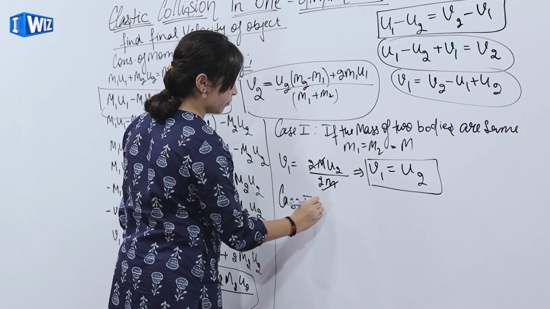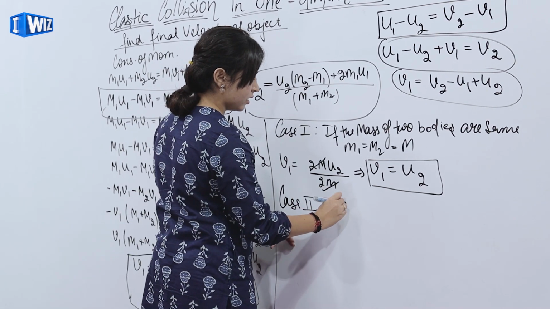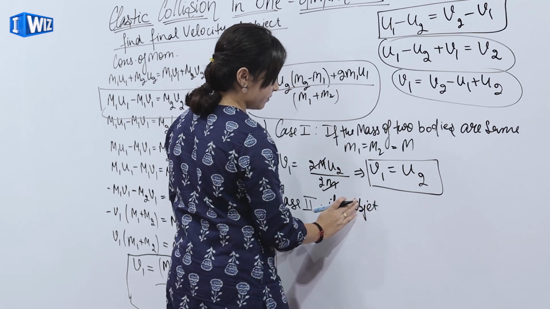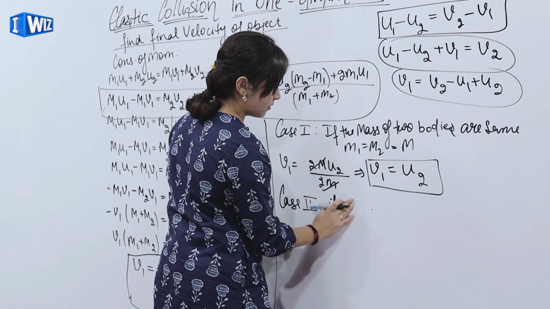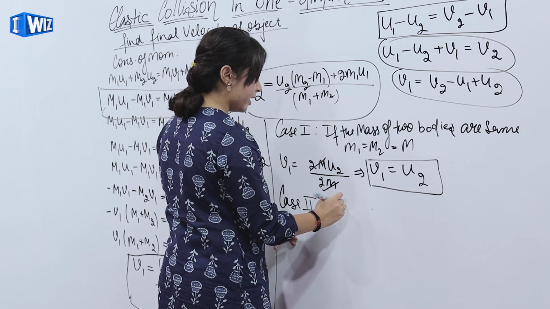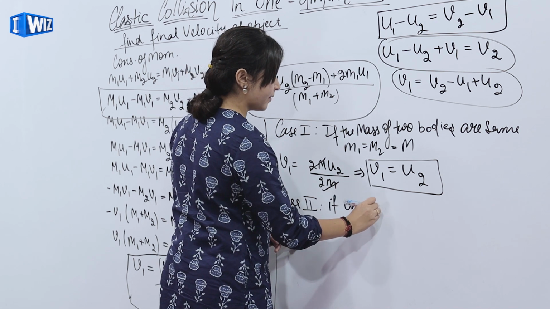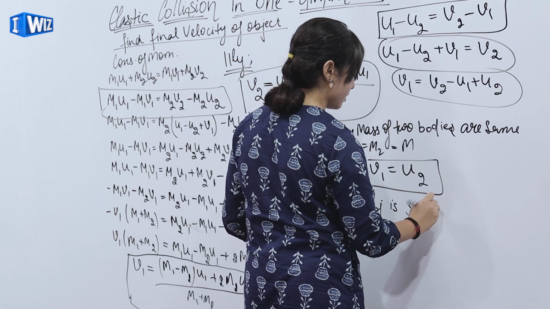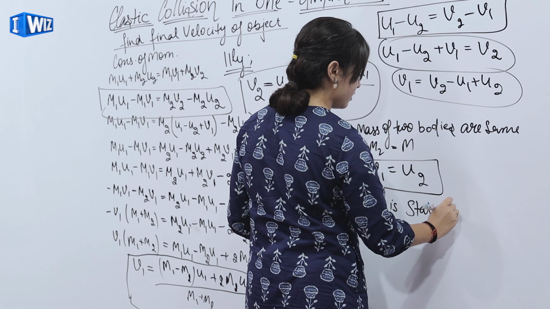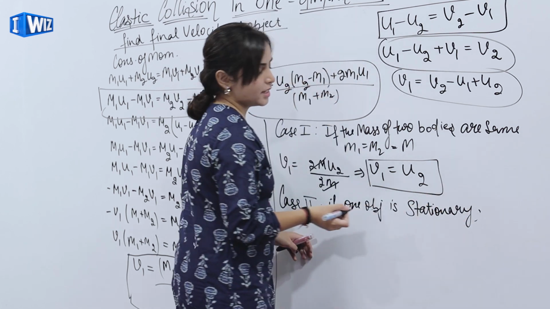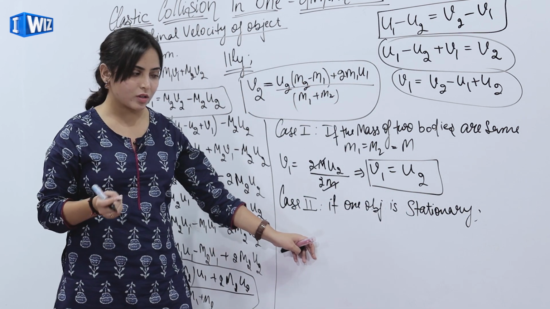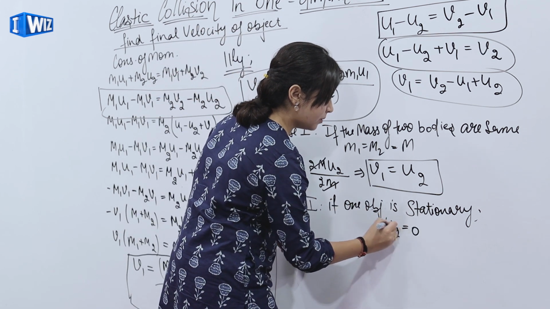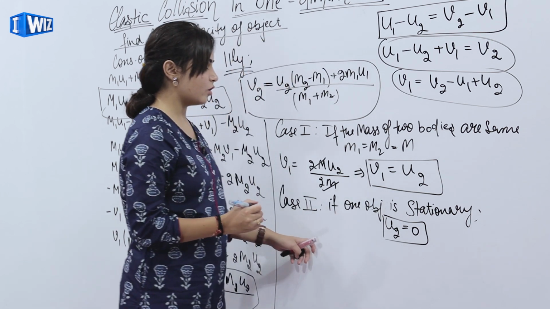Case 2. If one object is stationary, say my object 2, that is m2, is stationary, then the initial velocity of the stationary object will be 0. u2 will be 0.